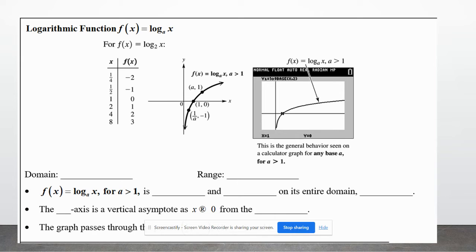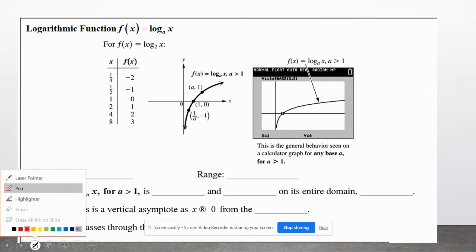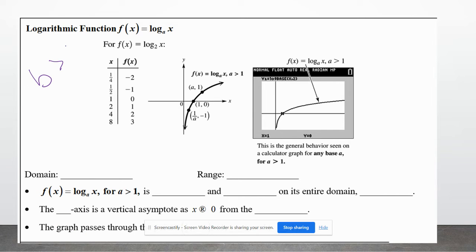Logarithmic graphs. They are exactly the opposite of our exponential graphs. We also have different graphs for different bases. So if our base is greater than 1, this time our range is negative infinity to infinity because we have nothing stopping us from going down forever or up forever on our graph.